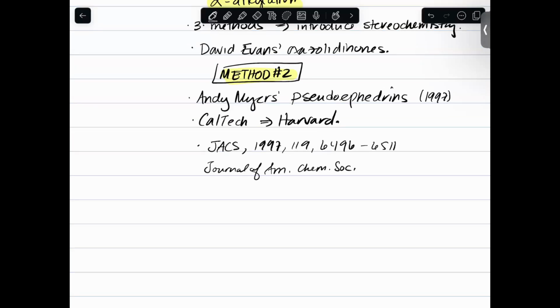And he specifically uses these natural substances known as pseudoephedrines. And I'm sure you've all heard of these before. They're, again, natural substances. They're found in shrubs known as ephedra, and they're used to relieve nasal and sinus congestion.